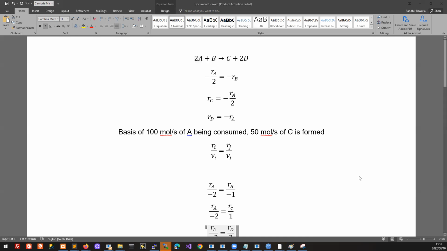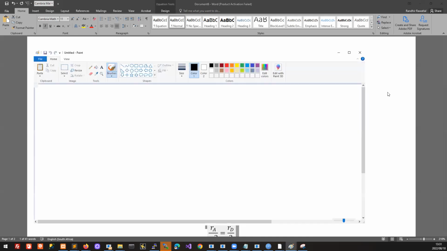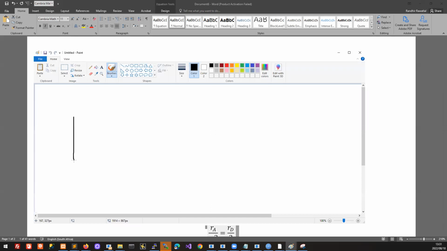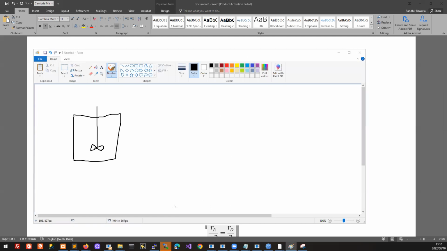Let's just make a quick sketch here. So if you have your batch reactor sitting here and your species react for a certain period of time, it's the same reaction that's happened here. All the species are reacting and forming in the same event, right? So even in the same event, you can define different conversions for each component.